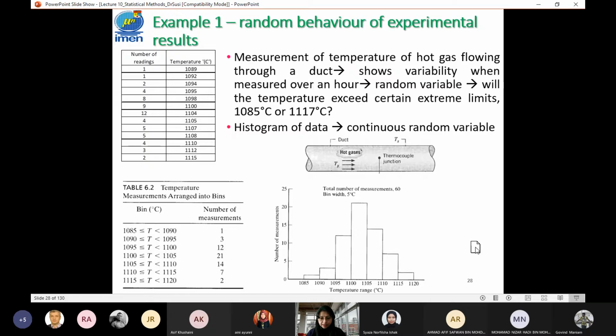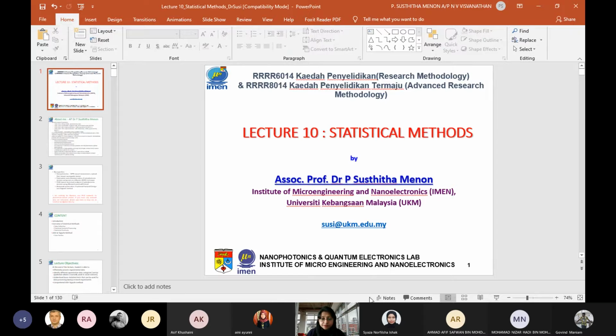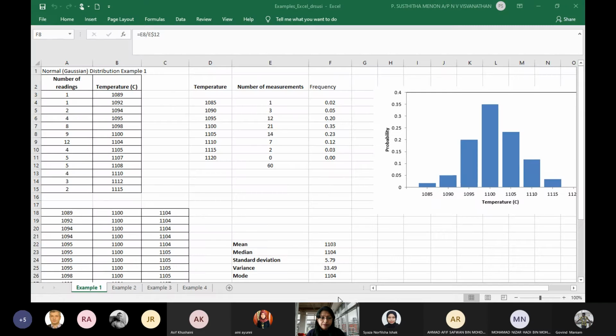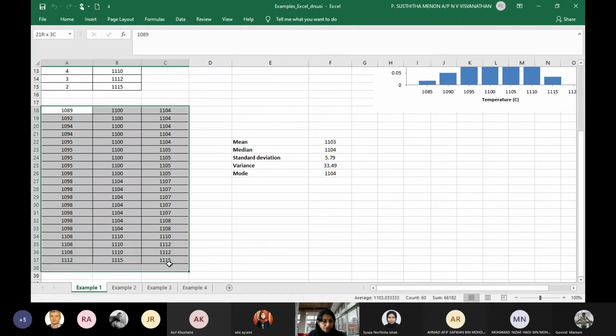There is an Excel sheet for this. Okay, so this is example 1. This was all the collected data of the chamber temperature.